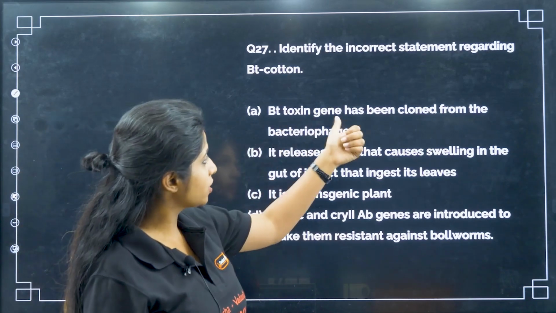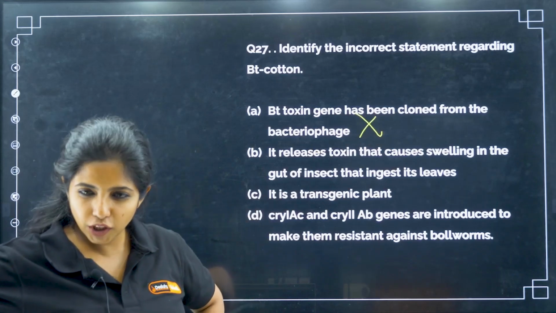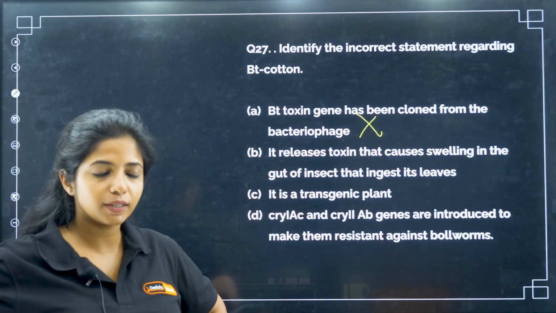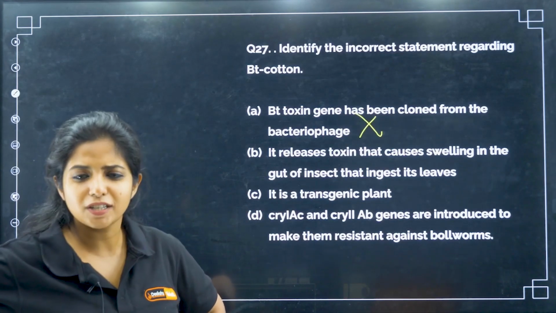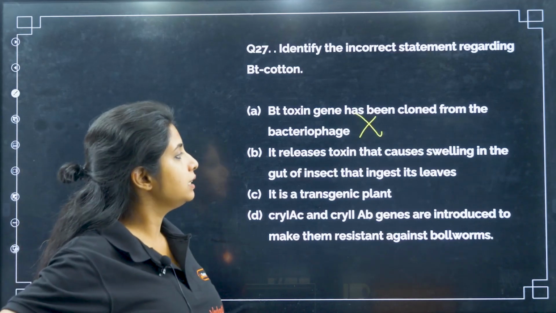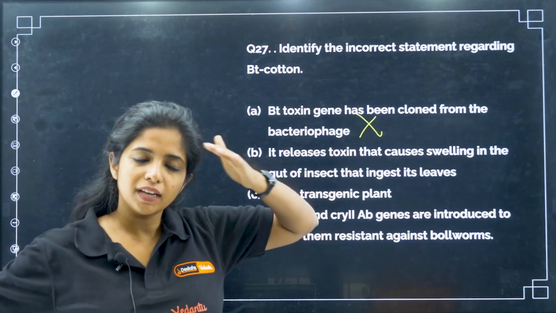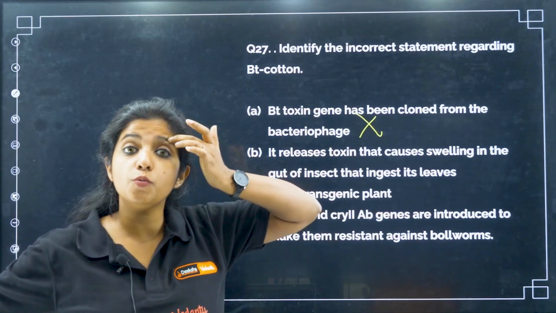Now, the option says the Bt toxin gene has been cloned from bacteriophage. Wrong. Do you think so? No, my dear children. Where do you get the Bt toxin gene? From Bacillus thuringiensis, that is a bacteria, right? So that is wrong. And who is responsible for putting this gene into the plant? It will be Agrobacterium tumefaciens.